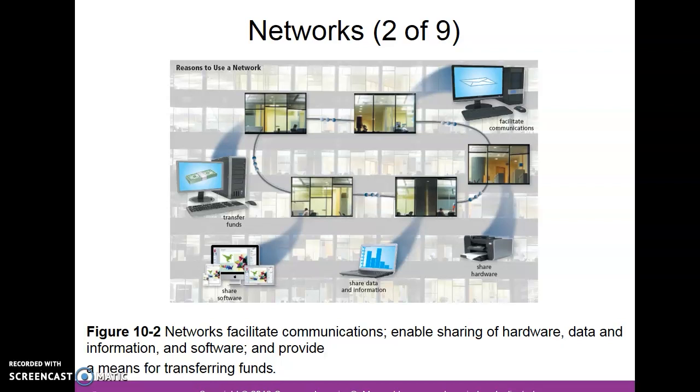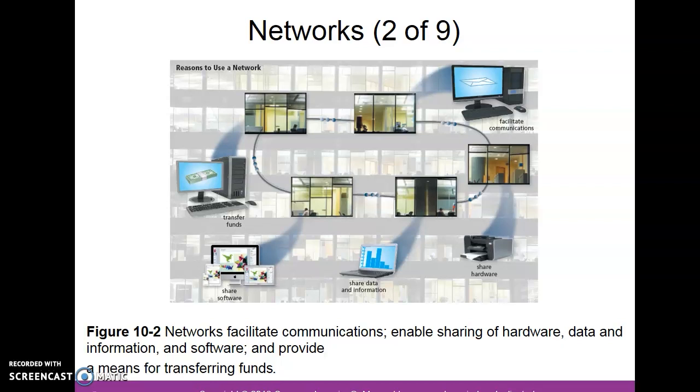Thus, home and business users create networks to save money on hardware expenses. Then any authorized user can access data and information stored on a network. A large company, for example, may use computers on a network to develop a database on customer information. And any authorized employee can access this database by using a computer or mobile device connected to the network.